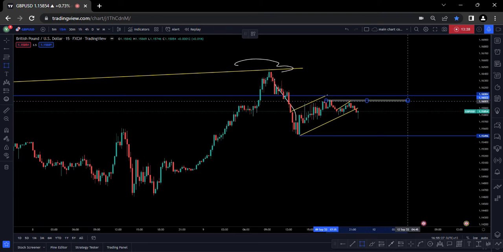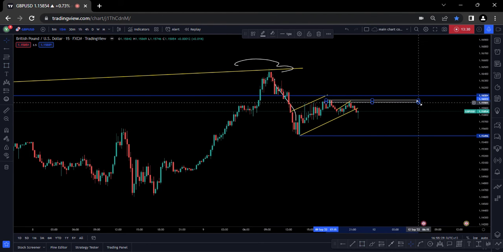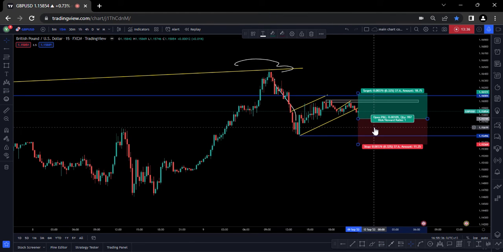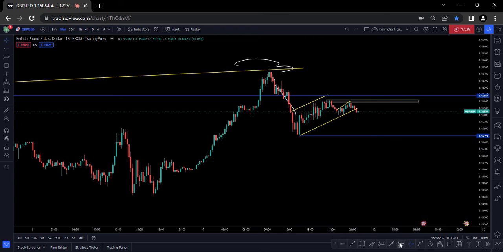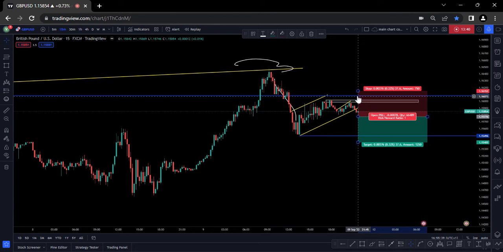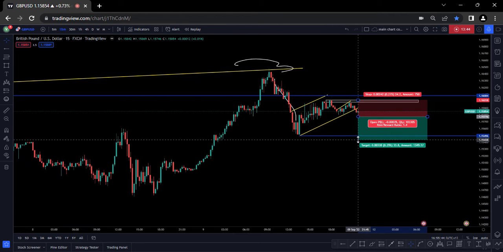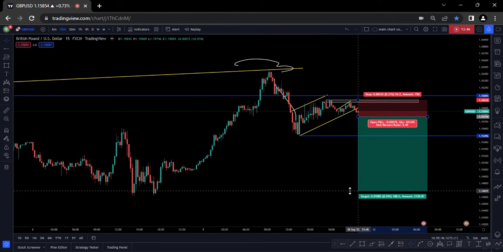I can see something like this to test this area, or it might even drop from there to the downside. So that's just it.